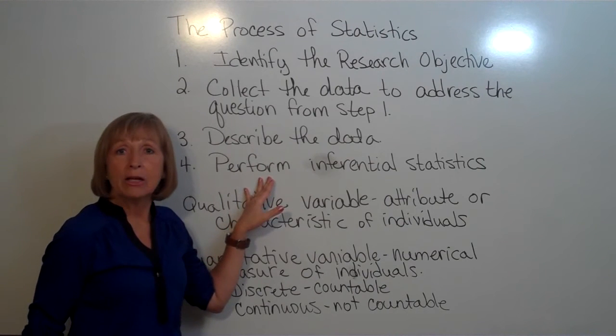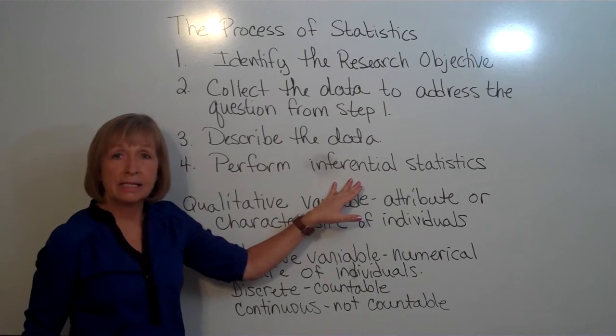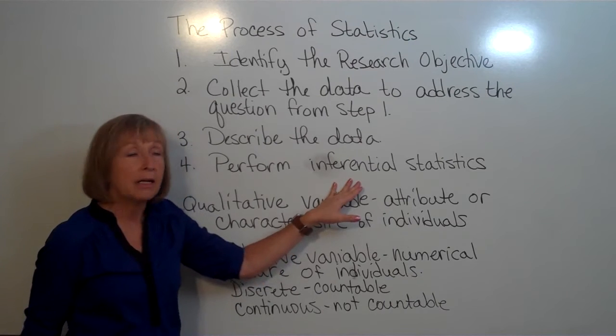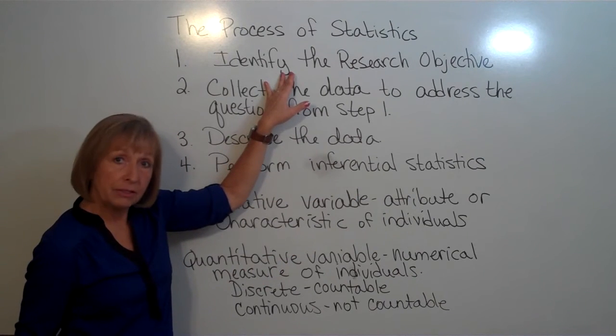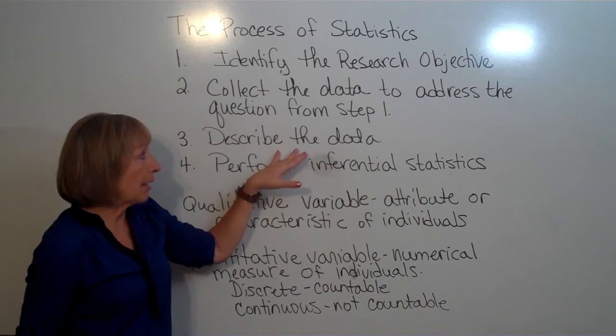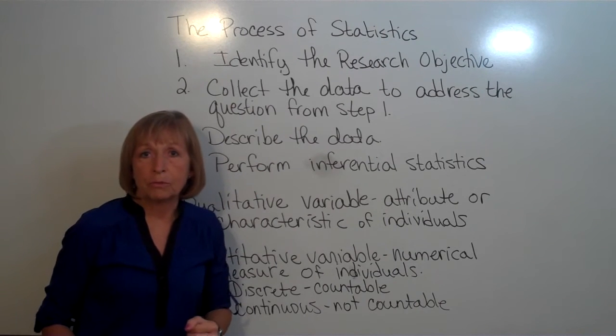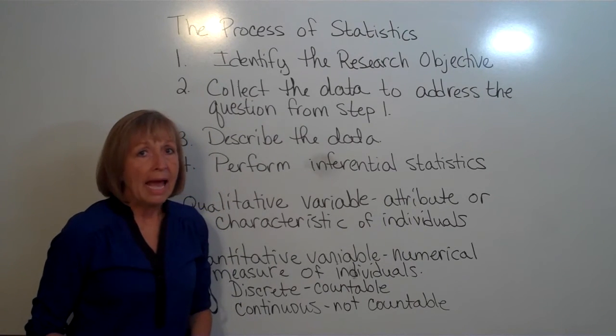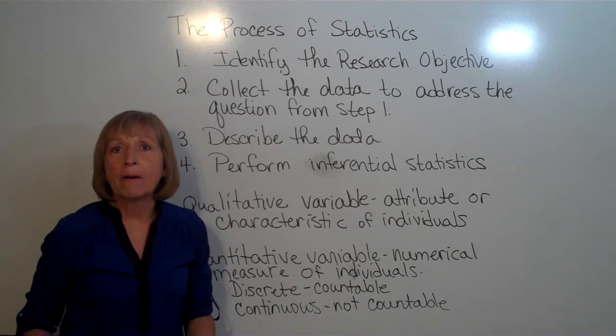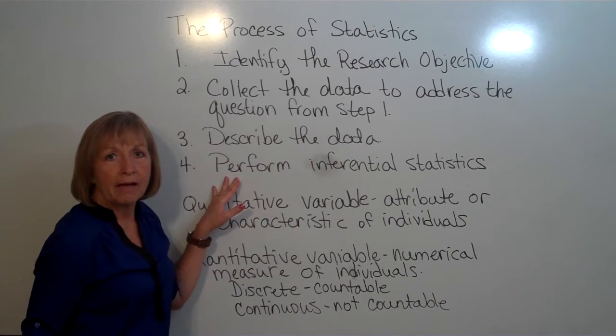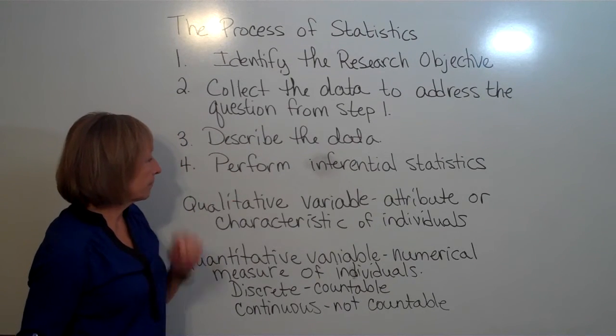And then finally, perform the inferential statistics using the methods appropriate for answering the research objective that also go along with the distribution type that we're working with. And we would always want to give a measurement of our confidence in our results.